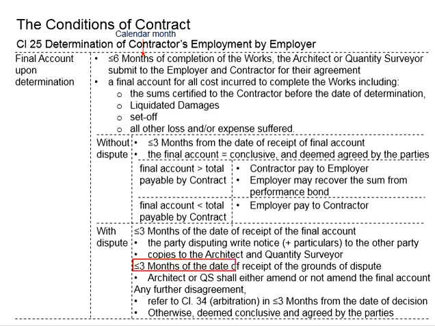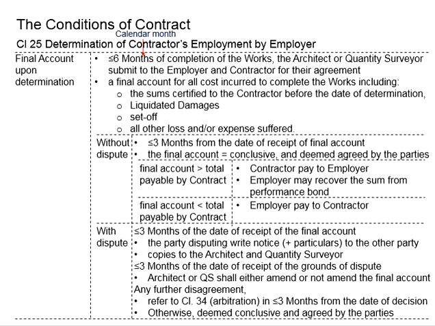Now, within 3 months of the date of receipt of the grounds of the dispute, the architect or the quantity surveyor will need to study the case and decide whether to amend or not to amend the final account. This is based on the eligibility of the contractor or the employer to claim those amounts. Theoretically, this should be the final decision that confirms the final account, and it should be made known to the contractor and the employer.